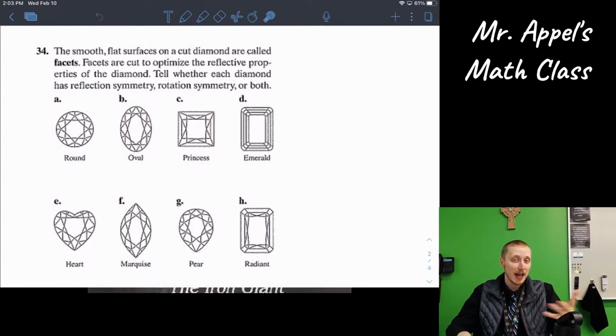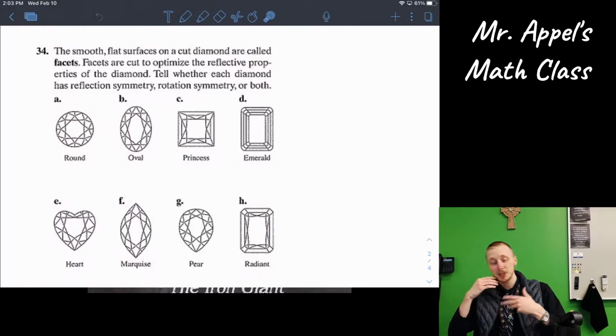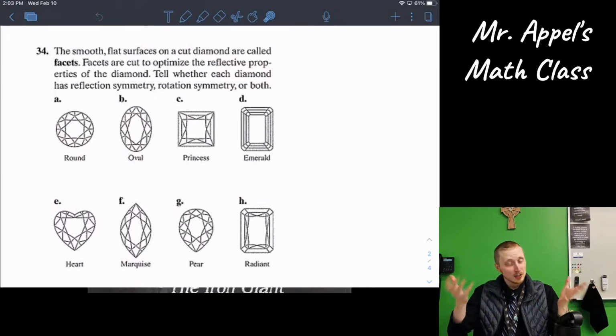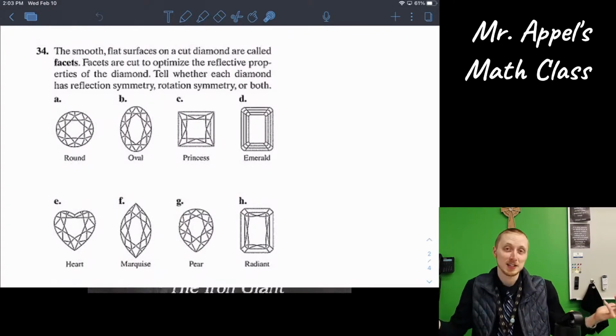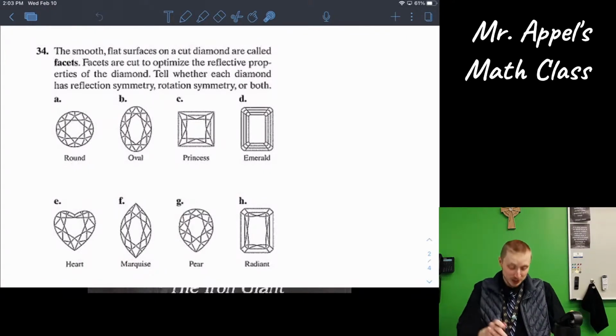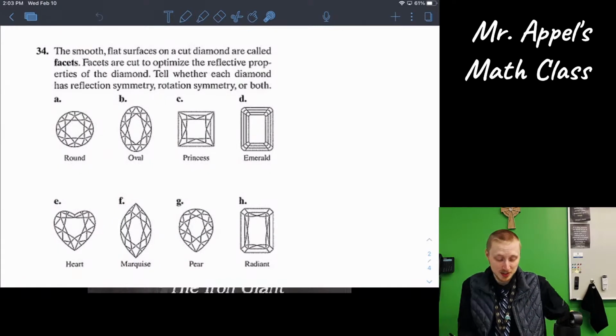Maybe some of you have looked at jewelry. Girls, do you have a bunch of jewelry? Do you like going shopping, wishing that somebody would give me one of these? Guys, you've got to get to know this stuff because one day you're going to want wives or girlfriends, and you buy them jewelry. That's how it works nowadays. So you need to be familiar so you know what you're getting yourself into.